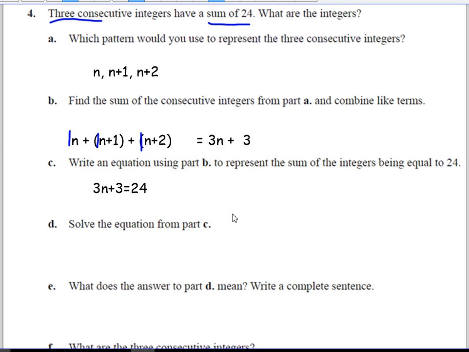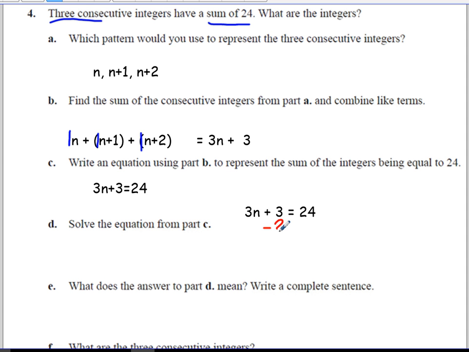So now let's solve it. So I'll bring it over here again. 3n plus 3 equals 24, spacing it up just a little to help me have room when I write. So when we solve this, remember we want n by itself. You always get rid of the adding or subtracting first.